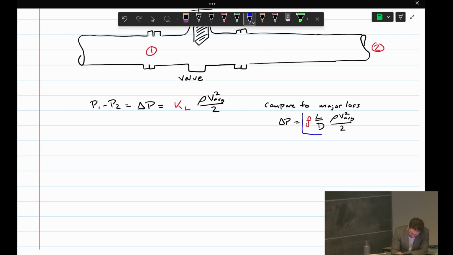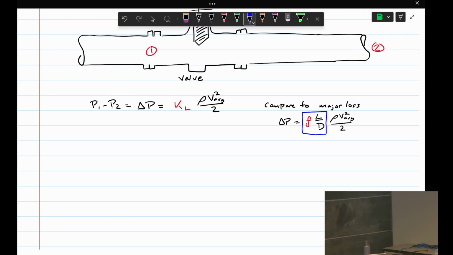You can see these two equations look quite similar. We still have a dynamic pressure, rho V squared over 2, times some sort of dimensionless coefficient. So we're going to see later on that we can get the total loss by just adding up these coefficients, multiplying by that.